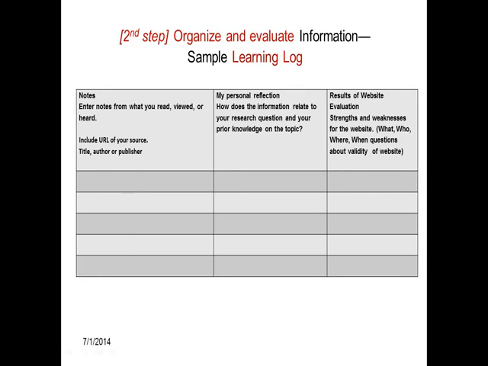But in addition, you're going to paste in the URL, the title of the website, and the author or publisher, along with your notes. Then in the middle column, you're going to type in your personal reflection on this. Is it useful to answer my research question? How? And then the third column is about the evaluation.